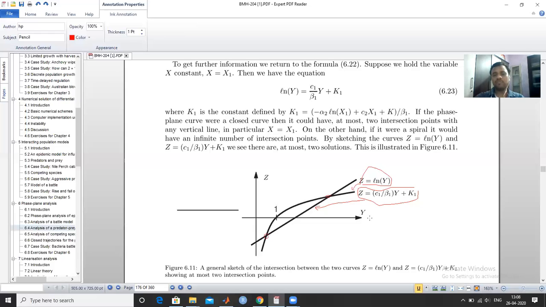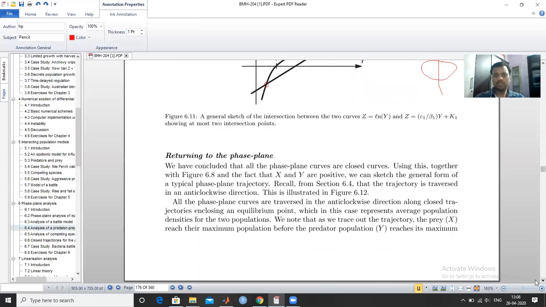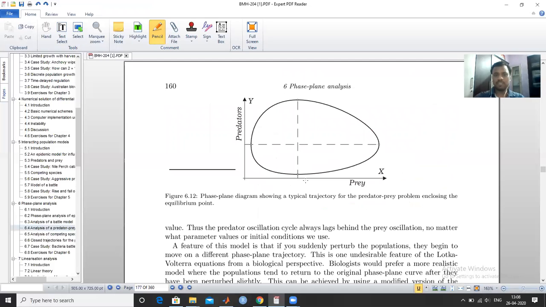So it means this is the first case, where the trajectories are like this. These are the closed trajectories. Okay. So again there is an observation, which type of shape is this? The trajectories are always plotted in this format, like ovals.